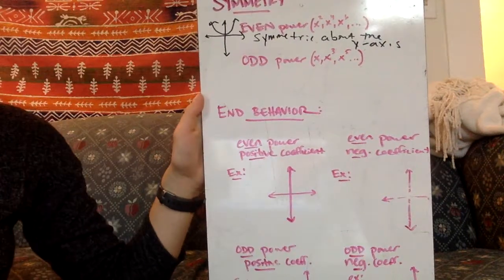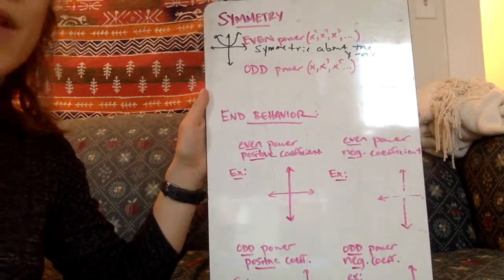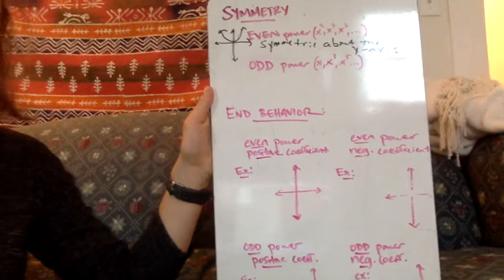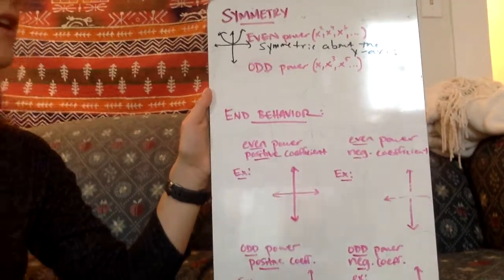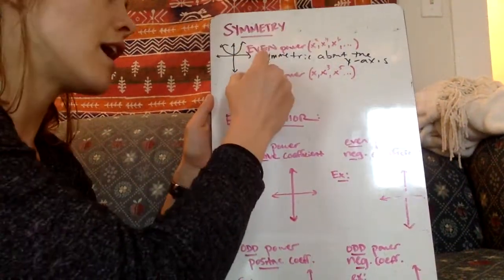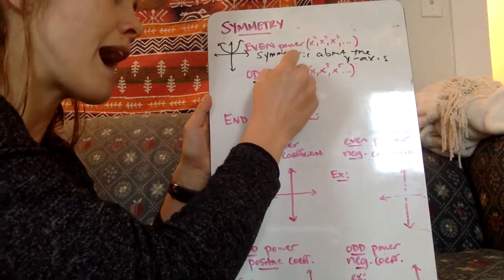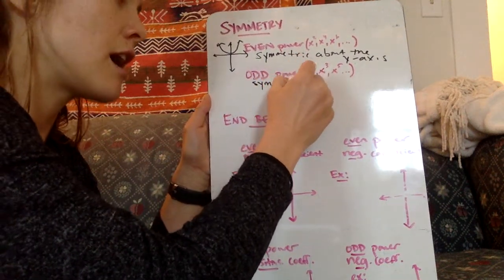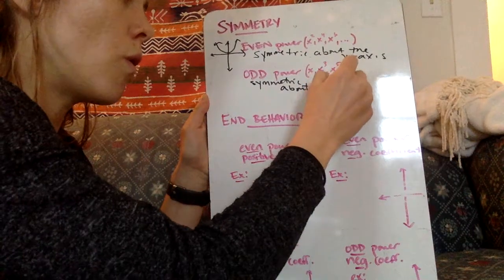This is different than an odd power that is symmetric about the origin. And we spent a long time doing this a few months ago. So we did our even and odds, but now we're relating it to powers. So this is symmetric about the origin.